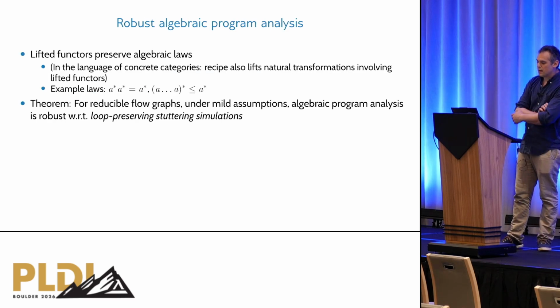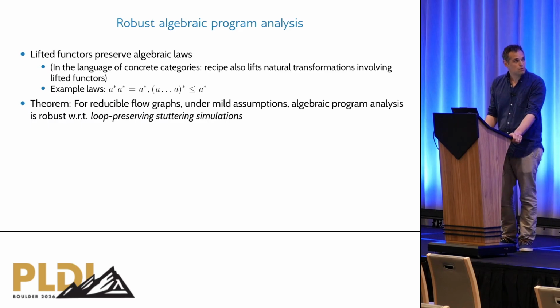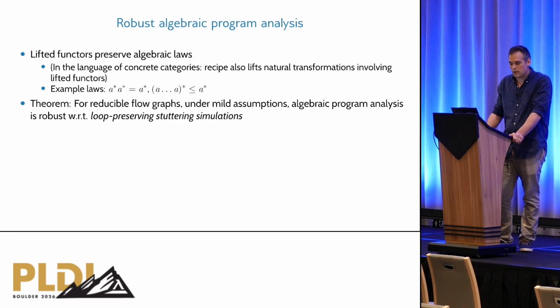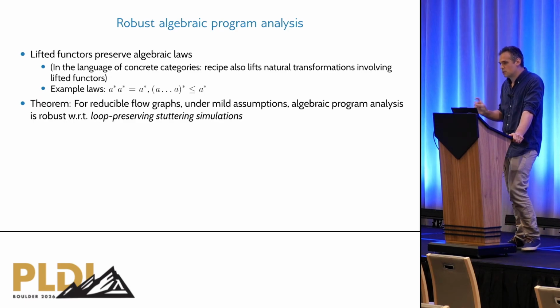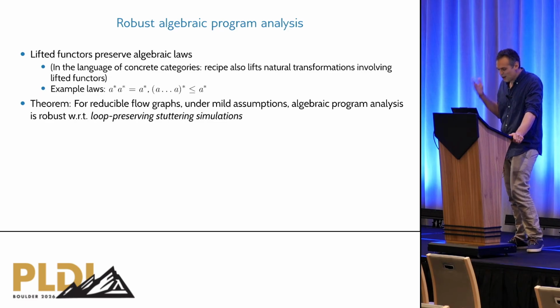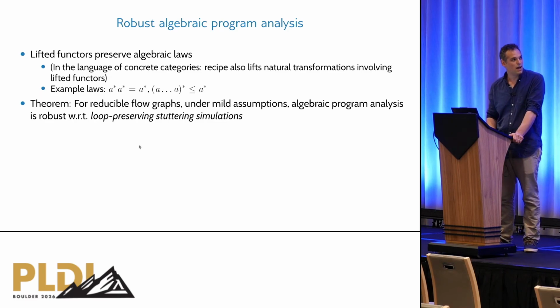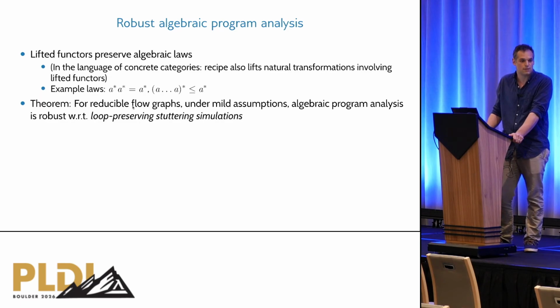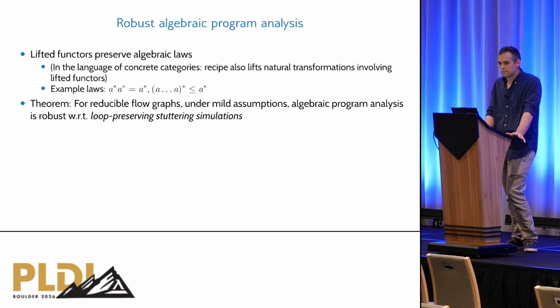So the bridge here is that this strategy that we have for lifting concrete functors also allows us to transport natural transformations. But the concrete payoff of this is that we have a general way of proving that these iteration operators satisfy certain algebraic laws.